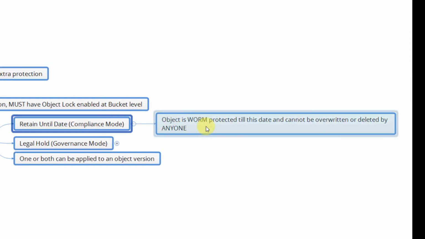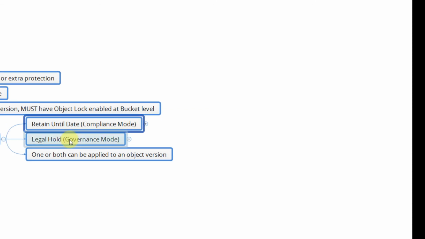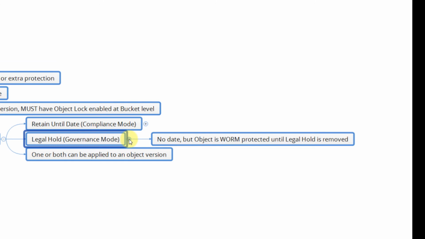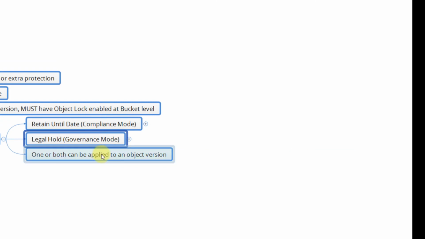Essentially, the object is WORM protected. It stands for write once, read many, till this particular date, and it cannot be overwritten or deleted by anyone, including the owner. The legal hold is a governance mode. There is no date associated with it, but the object is WORM protected until the legal hold is removed. Note that one or both of these modes can be applied to an object version.